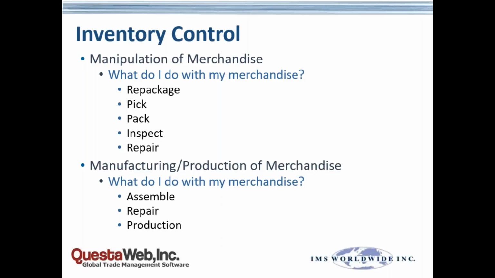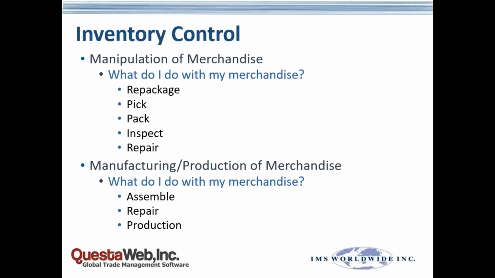Well, we have to be able to track that bill of material, the issues from inventory to the work in process, or WIP inventory, so that I know and can justify to Customs and Border Protection where the merchandise is in my system. Plus, at the end of the day, I still have to be able to explode that bill of material backwards and be able to tell customs, when I enter a widget, it really contains 5 of A and 5 of B, and we want to apply the value for 5 A's and 5 B's with the duty rate of the finished good, if that's the way our process works.